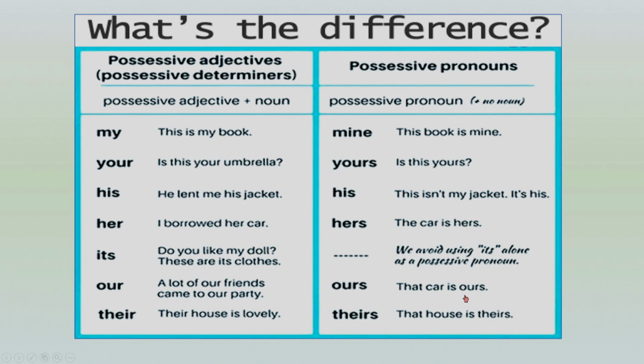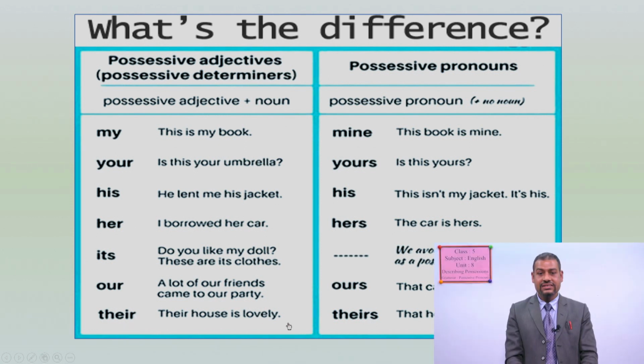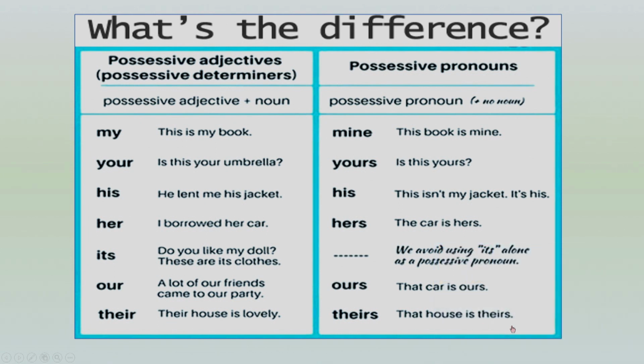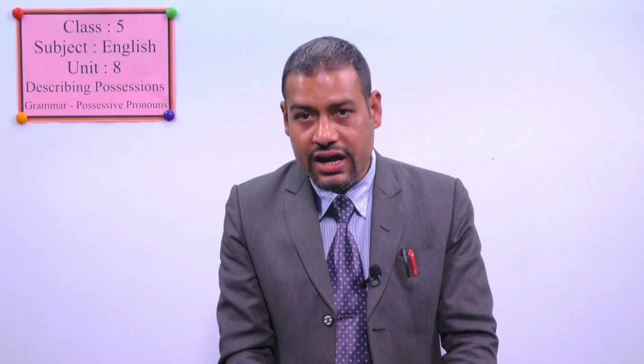So it is a possessive pronoun. Now their house is lovely. See, before the naming word house, there is the pronoun their, so it is a possessive adjective. But here that house is theirs. After theirs, there is no naming word. That's why it is a possessive pronoun.